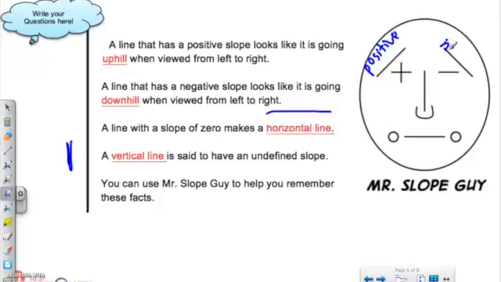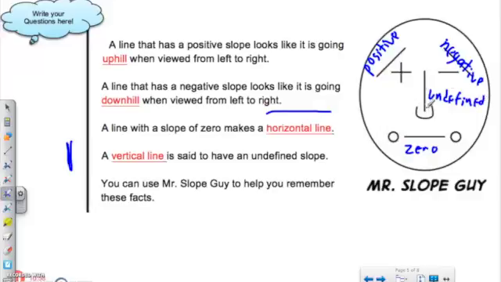If it is negative, we're going to go downhill. If we have a slope of 0, it's going to be a line that looks like this. If we have an undefined slope, it is going to be a line that is straight up and down.